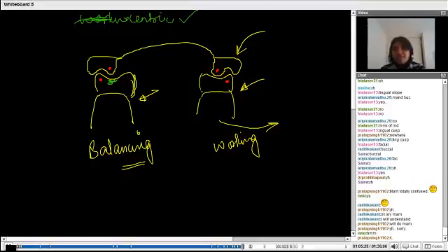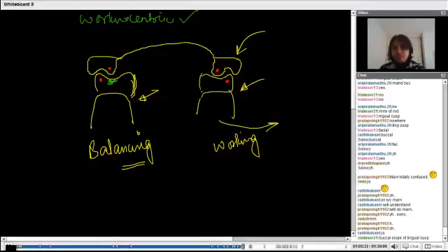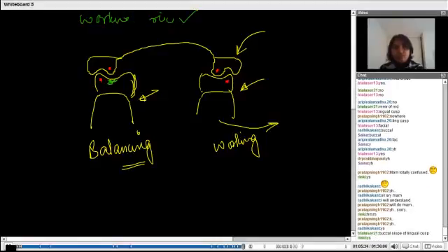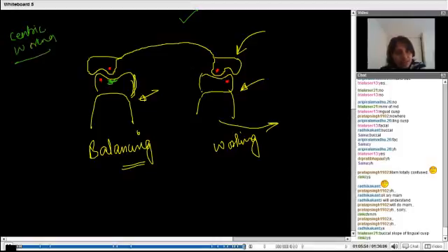First step, you got it right. The centric occlusion part. The second scenario, we have proper contact in centric and working side.